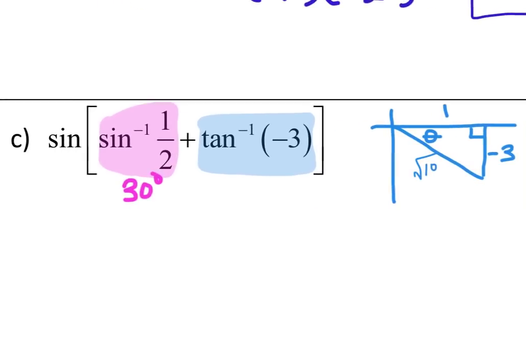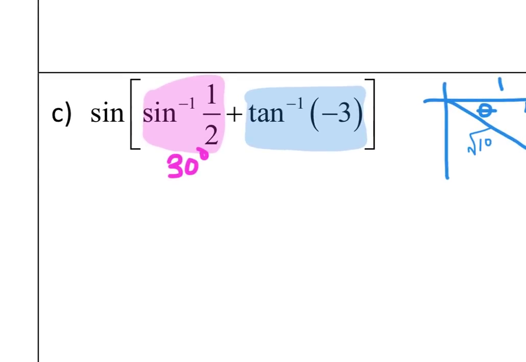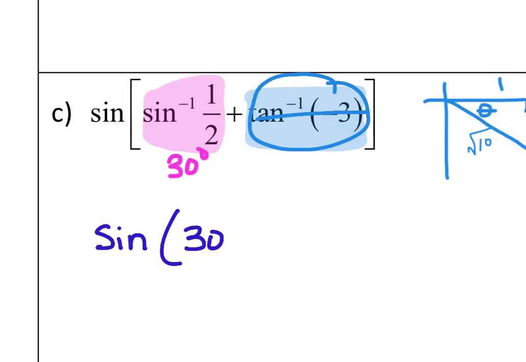So over here, now I'm looking at the value of this is theta. And so this problem is asking me what is the sine of 30 degrees plus theta. And so I need to find on my formula sheet the formula for sine of a plus b.